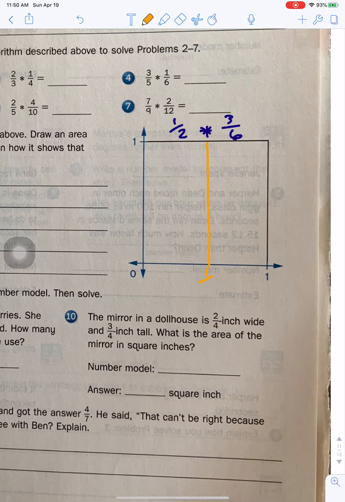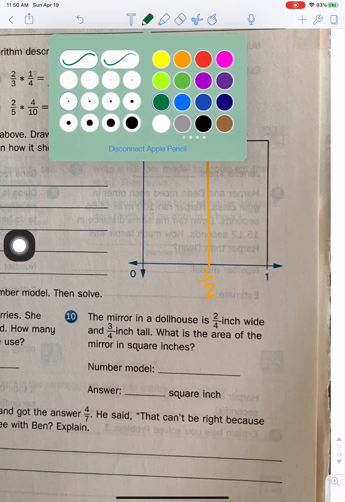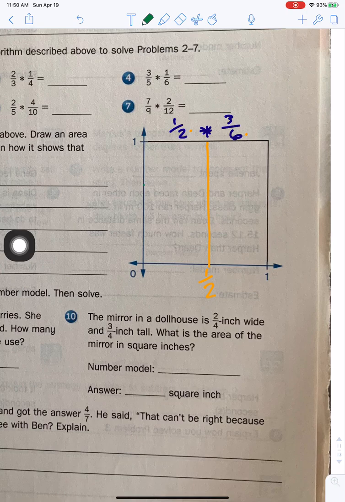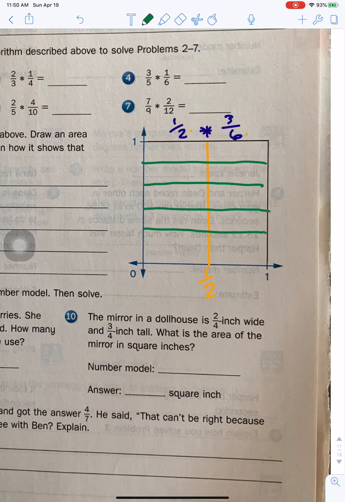So this would be 1/2. And then I'm going to take a look at 3/6. So over here, I'm going to divide this by 6. I'm going to start by dividing it into thirds, and then taking the thirds and dividing that into sixths. So over here, this will be 1/6, 2/6, 3/6, 4/6, 5/6, and 6/6.